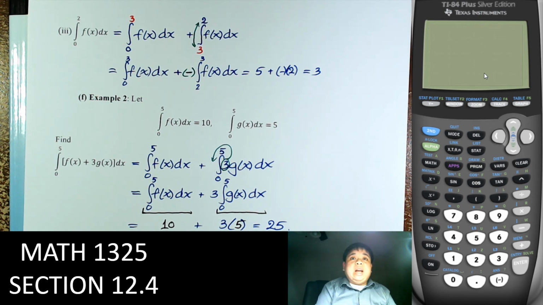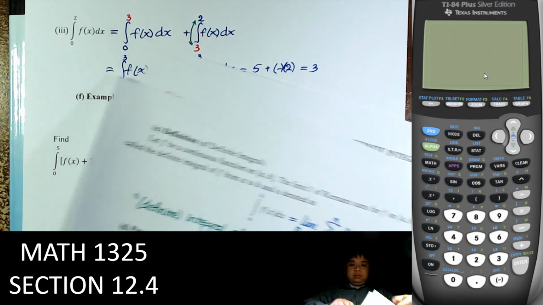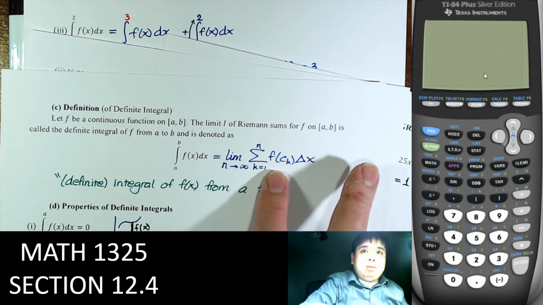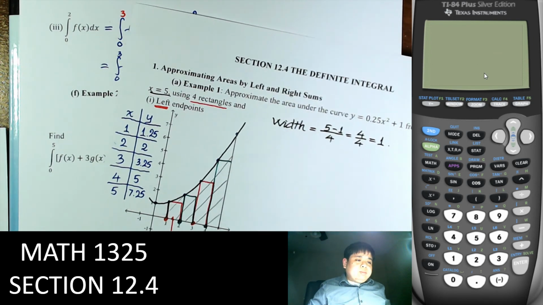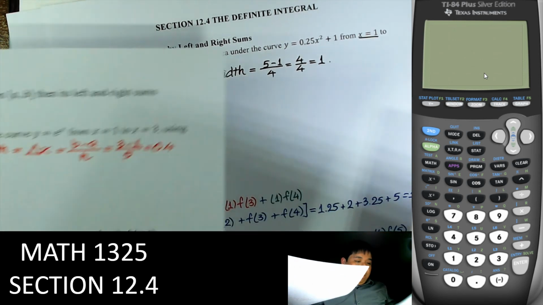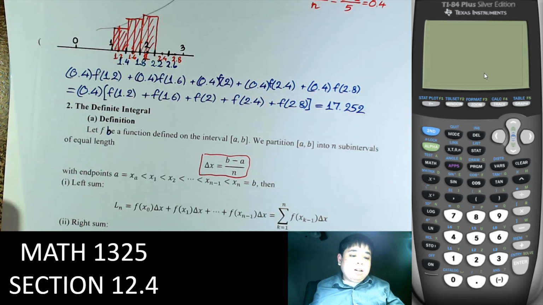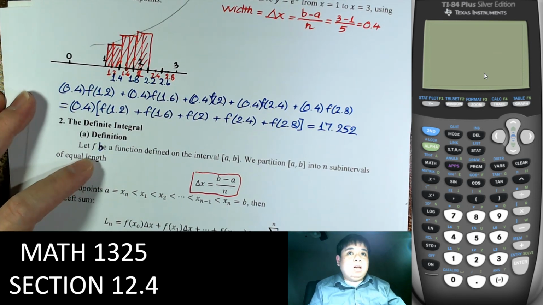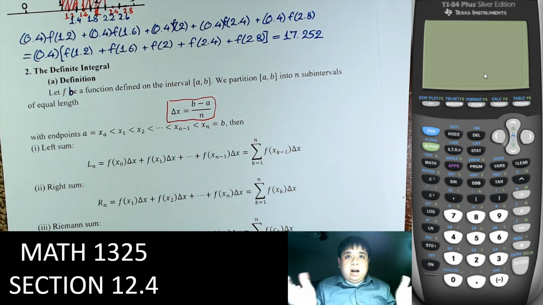Right, to recap, in this section we learned about the definite integral, which is the limit of the Riemann sum. And the Riemann sum estimates the area under the curve if the function is positive. By the way, as you see here, the way we define it, the function doesn't have to be positive. So the Riemann sum doesn't just calculate area.